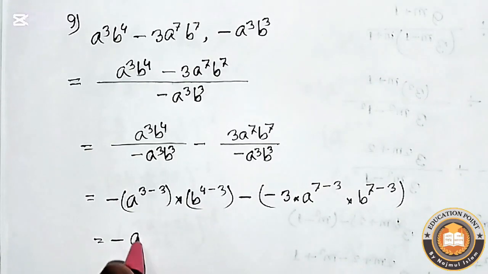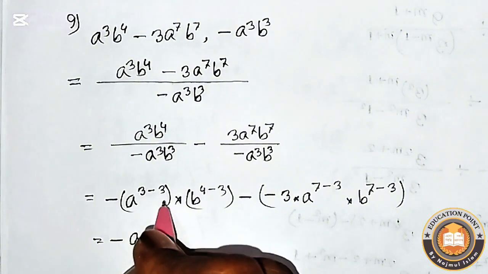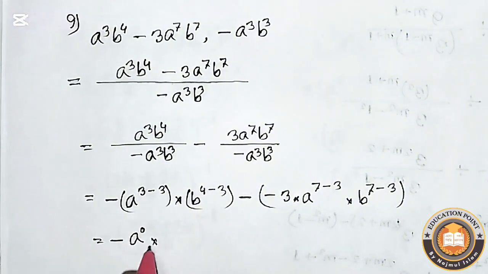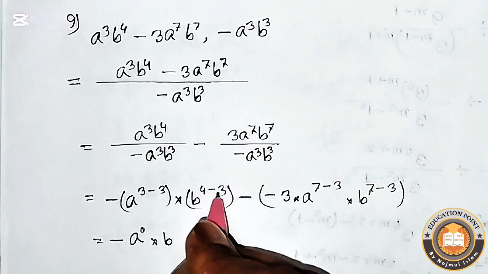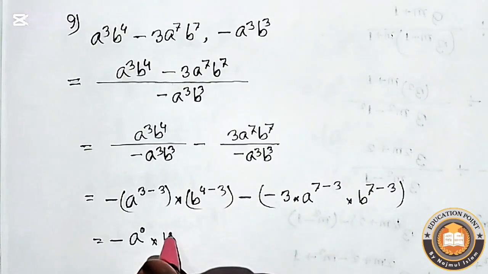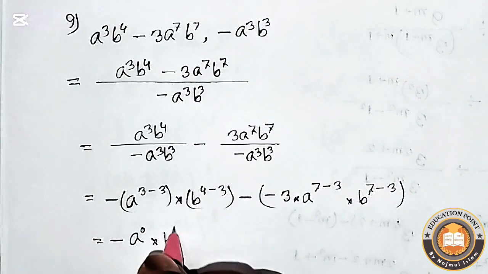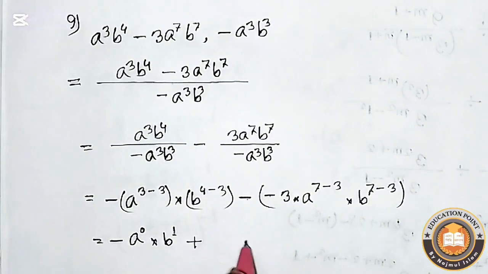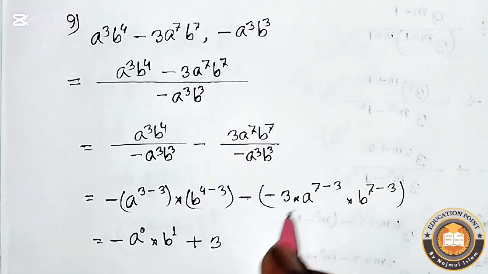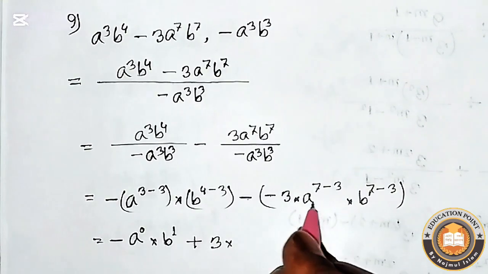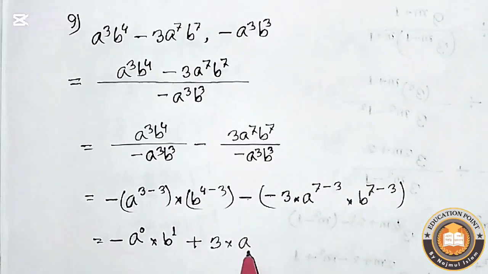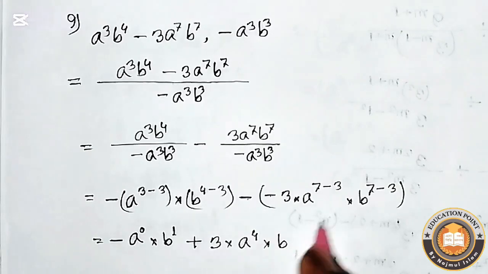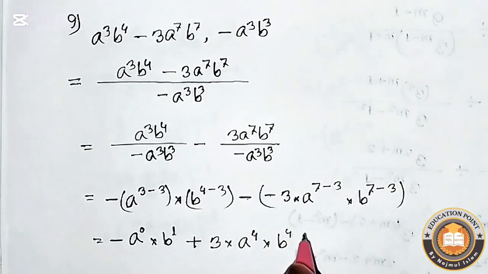Minus, the subtracted value of 3 and 3 equals 0, into b to the power, the subtracted value of 4 and 3 equals 1. Minus multiply minus is plus 3, into similar base a, their subtracted value is 4, into similar base b, their subtracted value is 4.